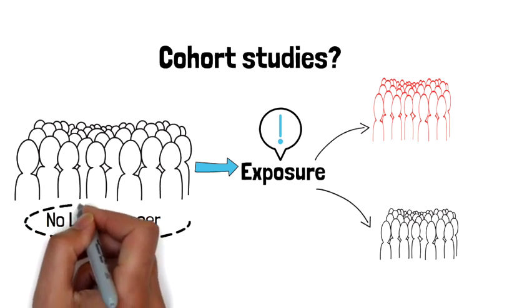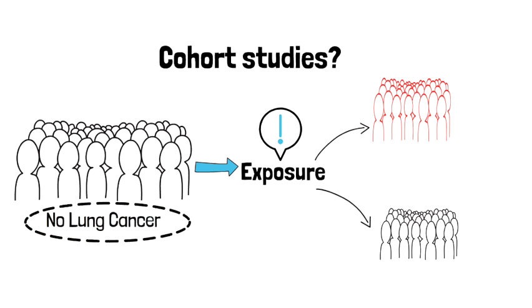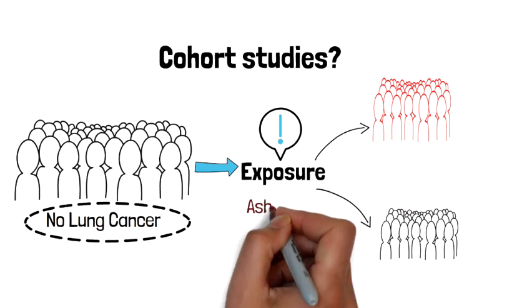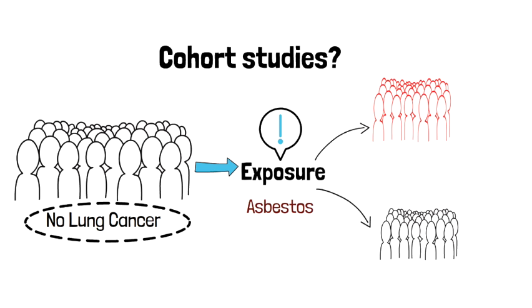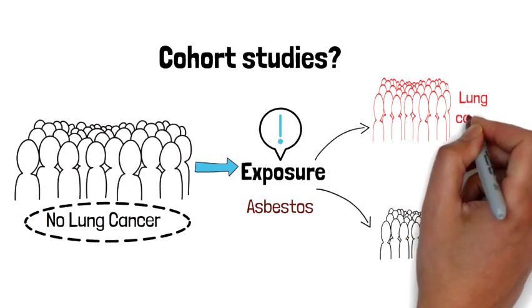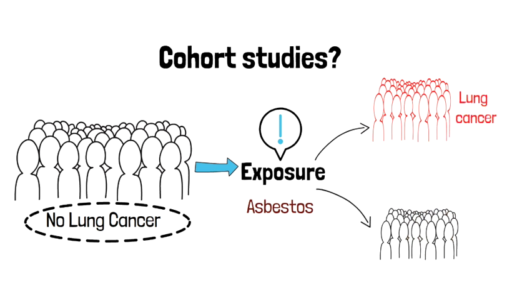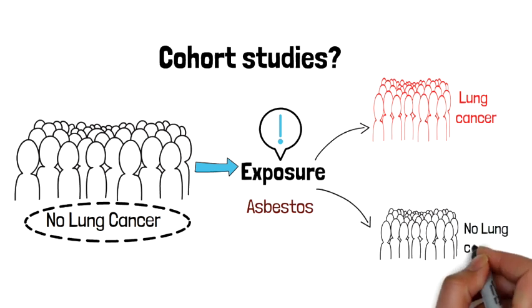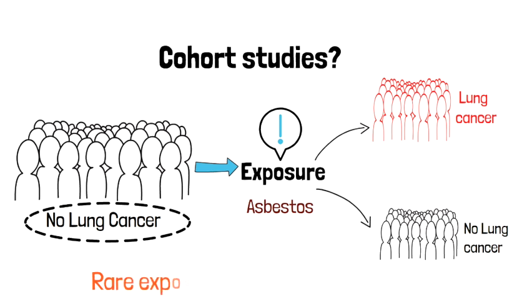For example, a group of workers who are initially free of the outcome that we are looking for, for example lung cancer, are exposed to asbestos. At the end, we compare both the groups, those who had developed the lung cancer versus those who had not, though both being exposed to asbestos. Cohort studies are suited for rare exposures and they detect temporal or sequential relationships.